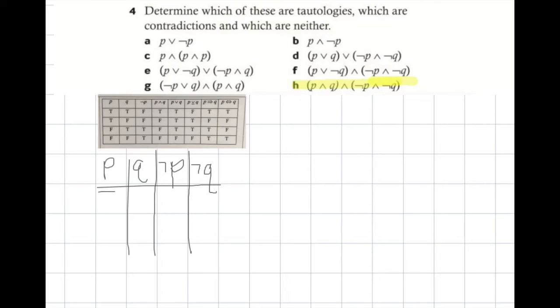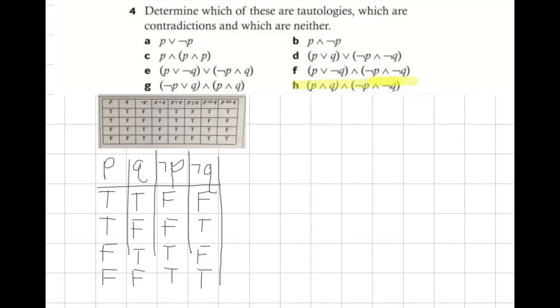We can copy P and Q from right above, true, true, false, false, like it always is, and true, false, true, false. And then not P is opposite of P, so false, false, true, true. And not Q is opposite of Q, so false, true, false, true.